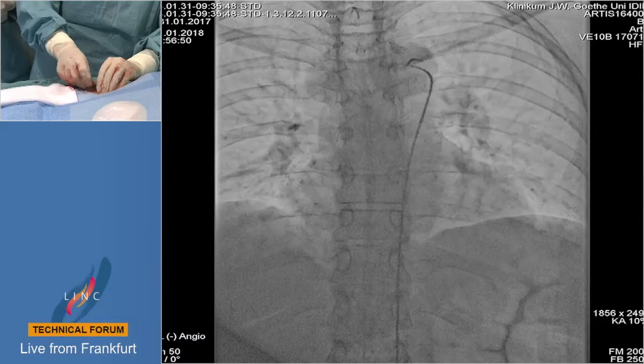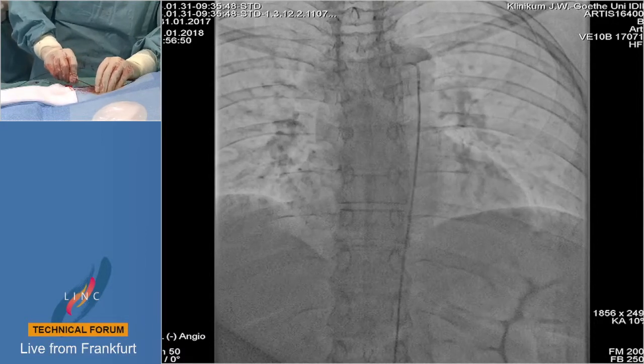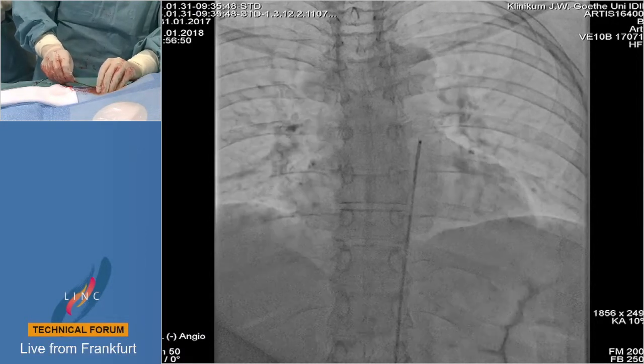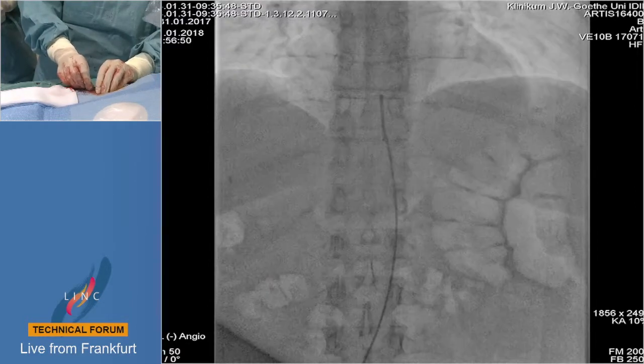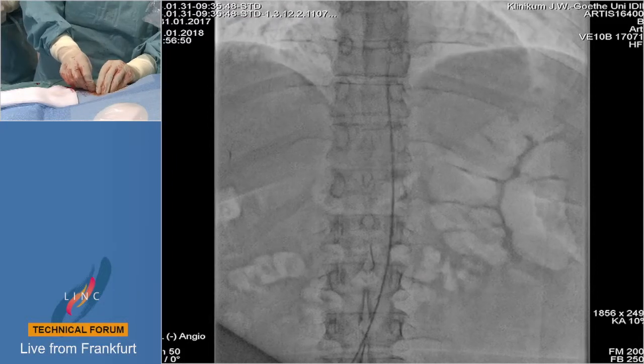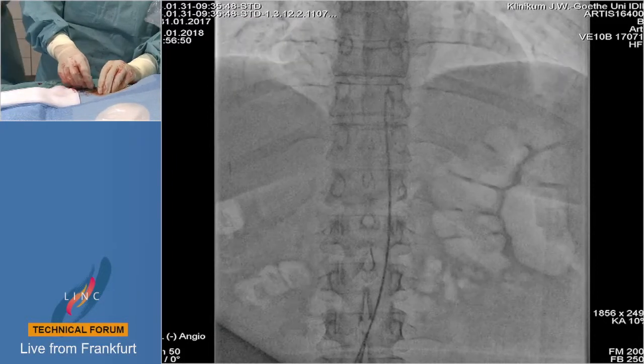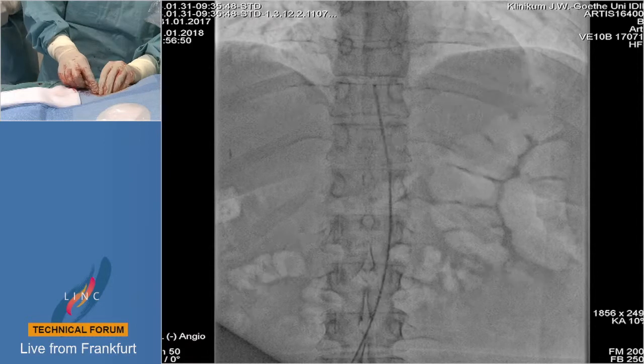Was the imaging that you were referring to in December after the initial therapy, or was it prior to the initial therapy? That's prior to the initial therapy.